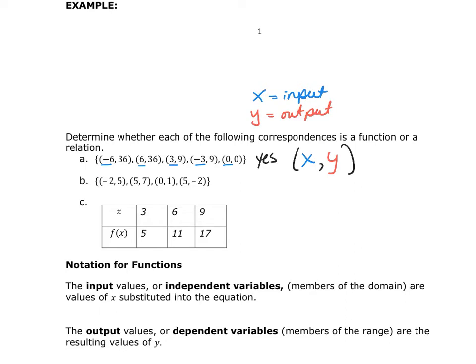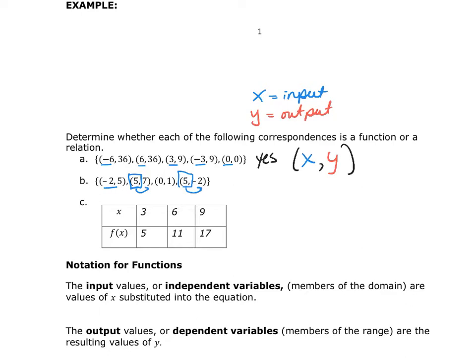Take a look at B, and I see -2, no other -2 in the x position. I see 5, oh wait, I see 5 here. So I see 5 in two places. I have 5 associated to 7 and 5 associated to -2.